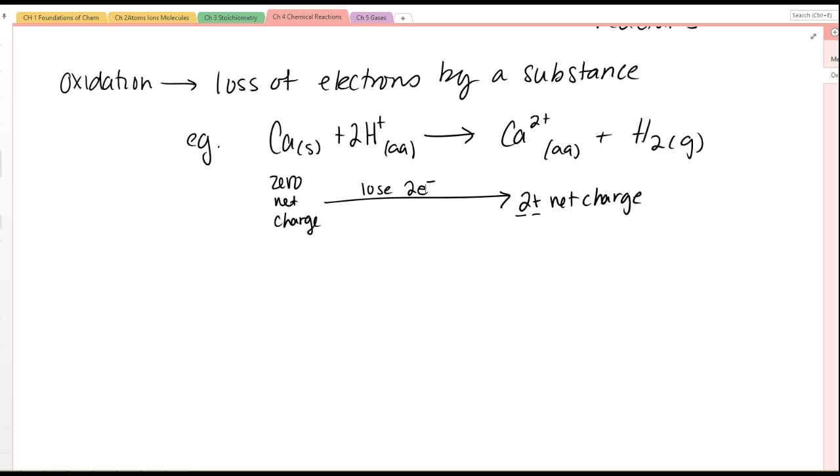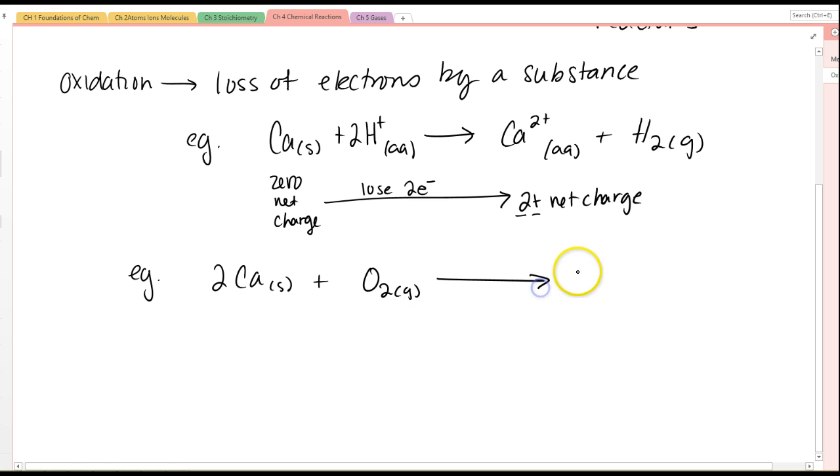Why is it called oxidation? Historically, the first reactions they studied with this phenomenon of electron transfer were reactions with oxygen. So an example of an oxidation, again, might be calcium solid plus oxygen gas yields calcium oxide solid.